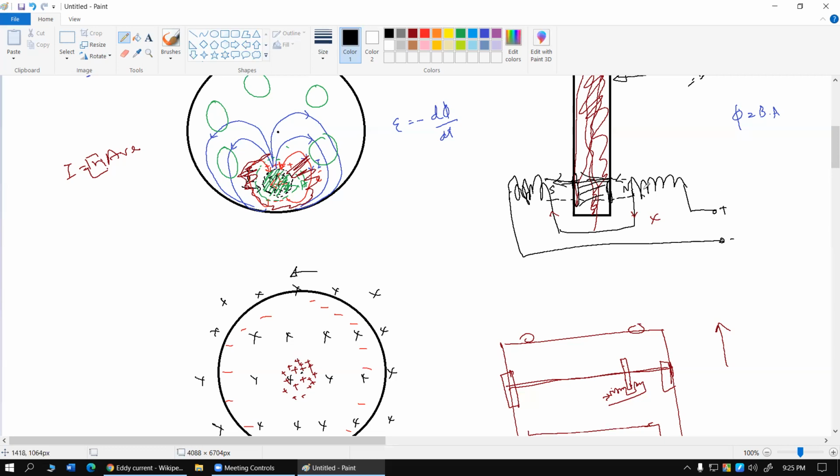That's why the electromagnet is very helpful, because as long as you don't flow current through the electromagnet, it is non-existent. The moment you start to flow current, it comes into existence, right?